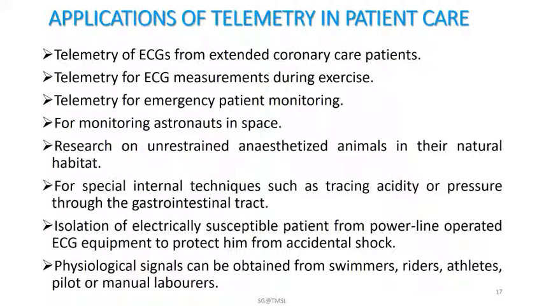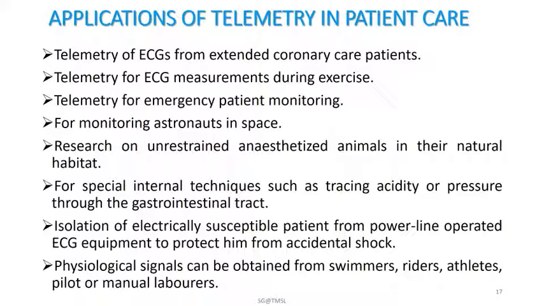Thus, the transmitter can operate with very low power. The electrodes and all wires must be securely fastened to the patient to prevent their movement, because it results in artifacts in the ECG tracing.